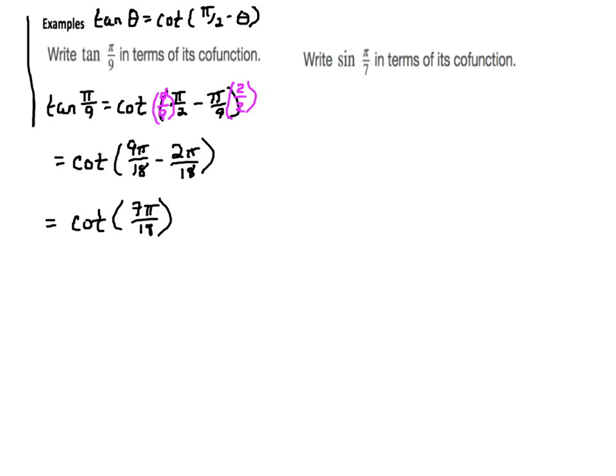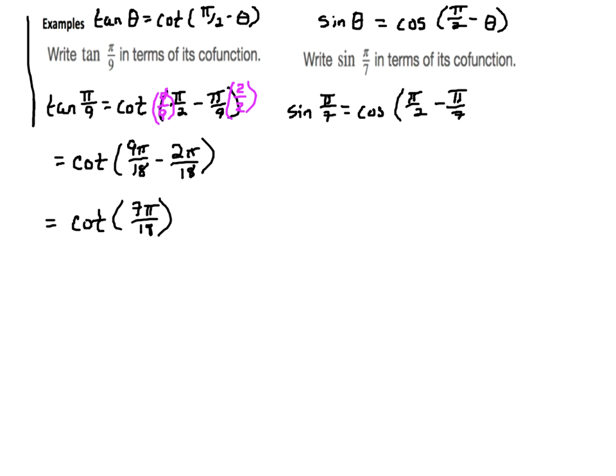Write the sine of pi over 7 in terms of its cofunction. So the sine of beta is equal to the cosine of pi over 2 minus beta. So the sine of pi over 7 is equal to the cosine of pi over 2 minus pi over 7.